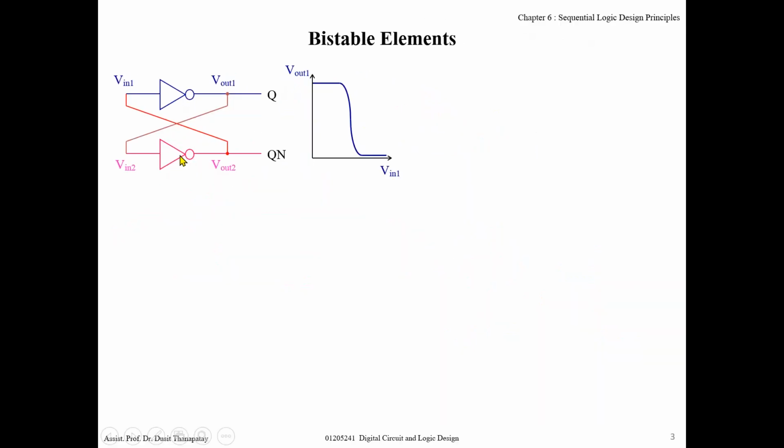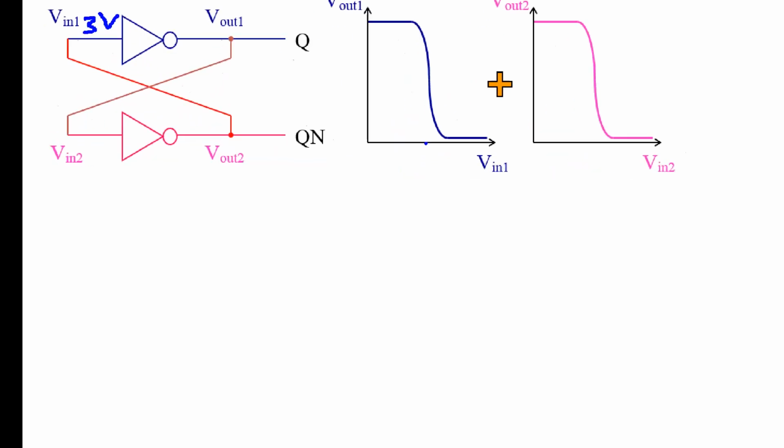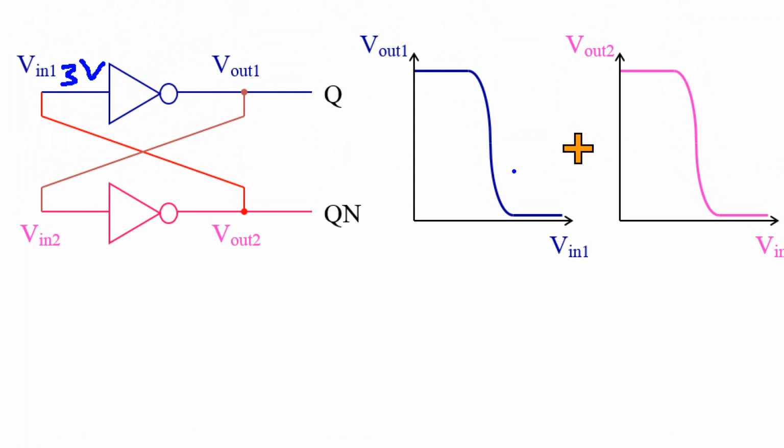This one is also an inverter. So now let's consider what happens. Let's start with, for example, 3 volt here, around this point.